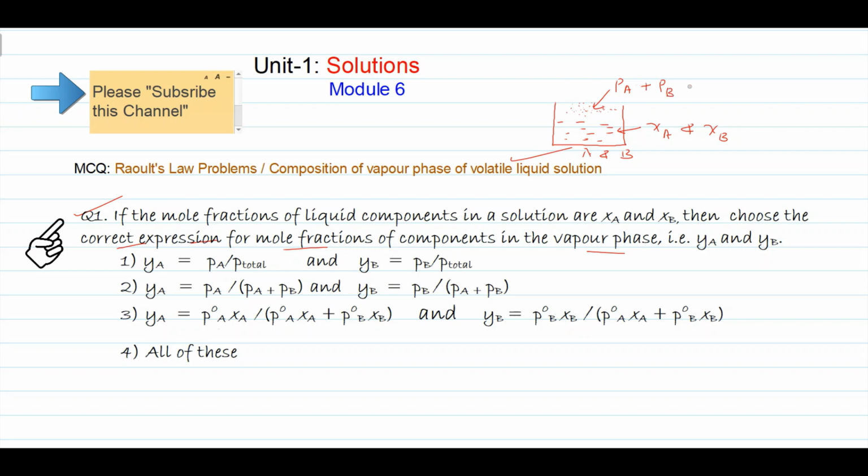PA plus PB gives you P total or total pressure, correct?